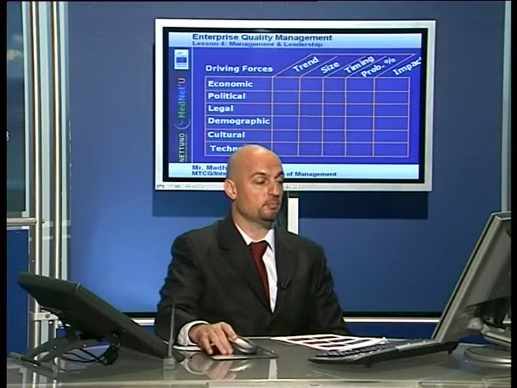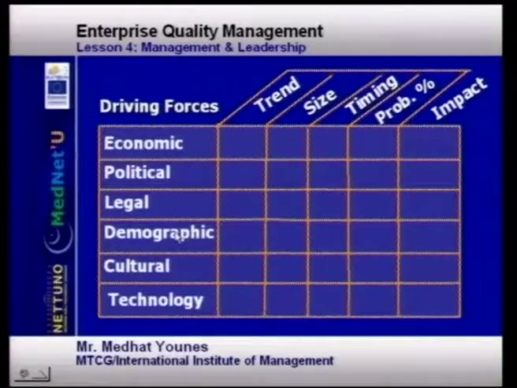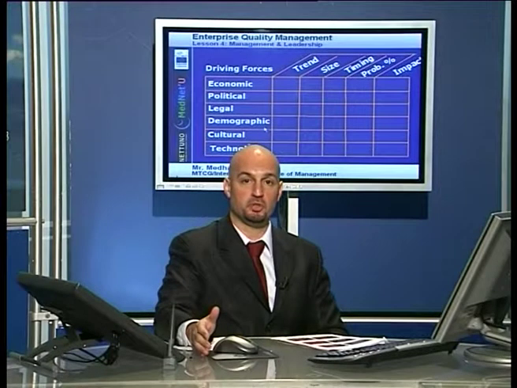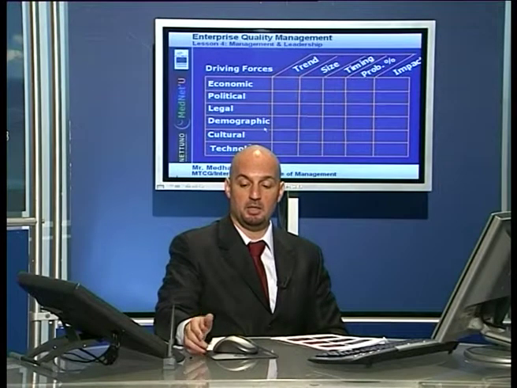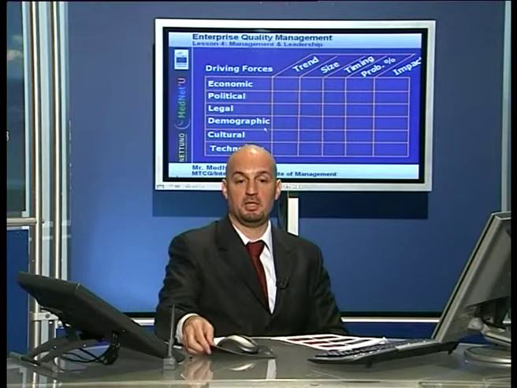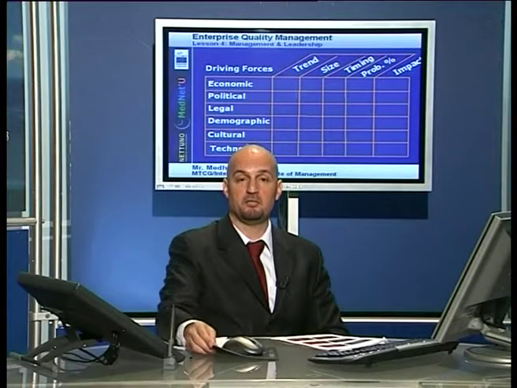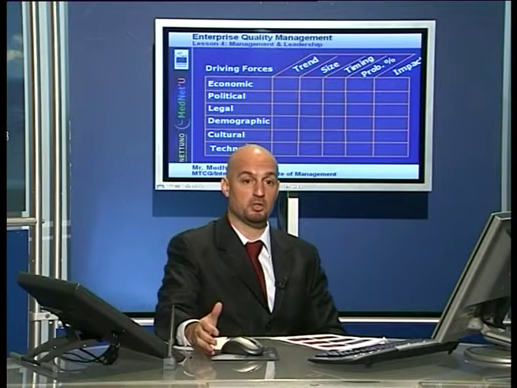Demographics. An example of demographics driving forces is the rise of the baby boomer generation, which is basically the relative increase in the number of senior citizens compared to the young population.